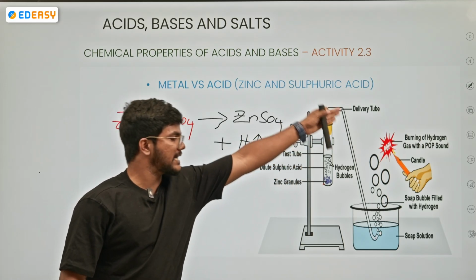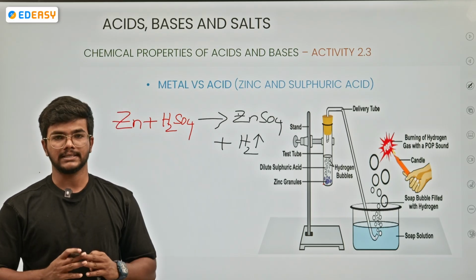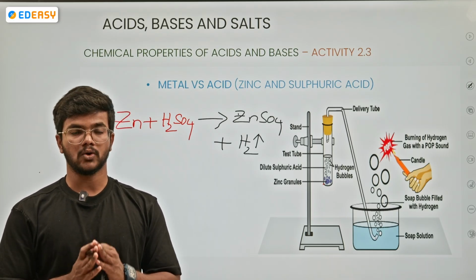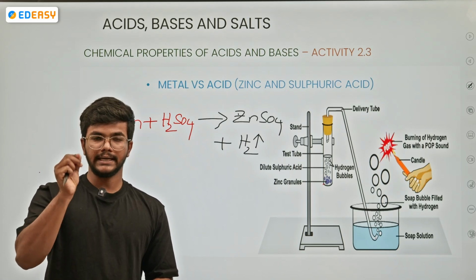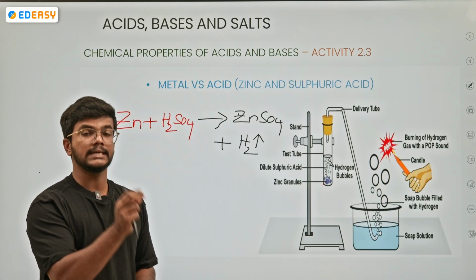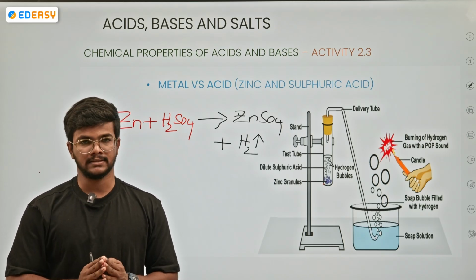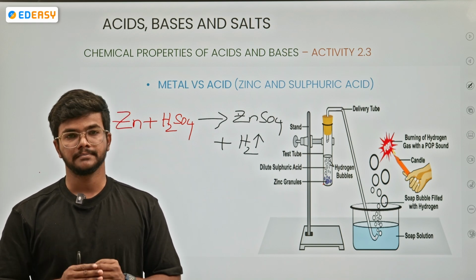That gas is transferred into the soap solution to trap the H2 gas. H2 gas can be identified with the ignition test. When you bring a lighted matchstick near hydrogen gas, it makes a pop sound and puts off the matchstick. That means hydrogen gas is highly inflammable.